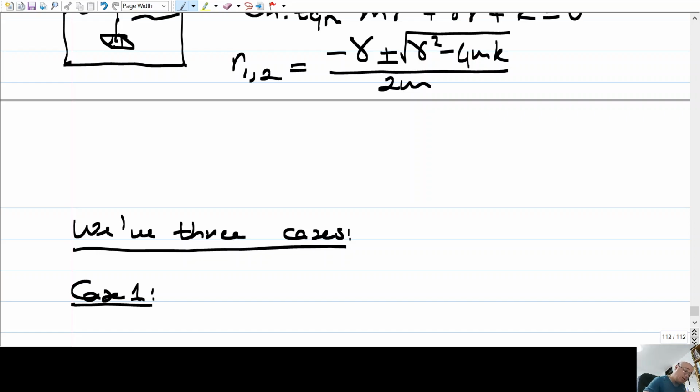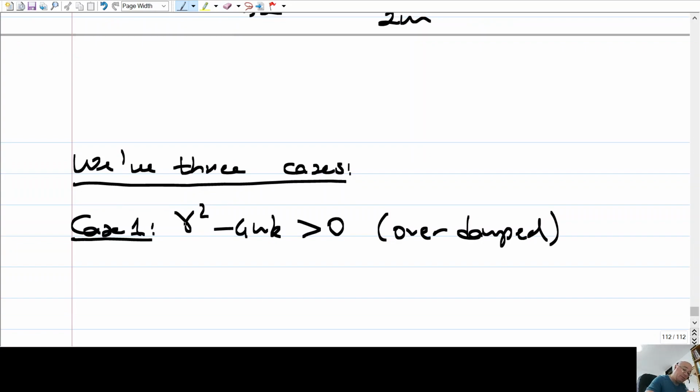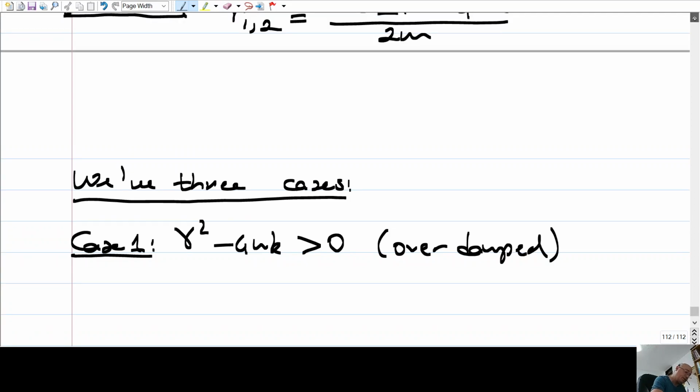So case one, this thing is positive. We call this overdamped. It means gamma is big, okay? Damping factor is big, and gamma squared is greater than 4 times the mass times the spring constant.